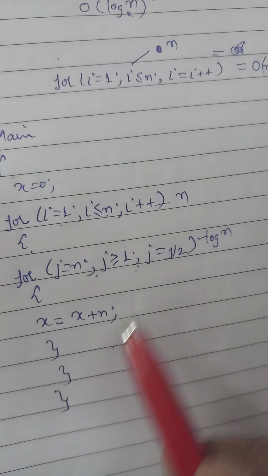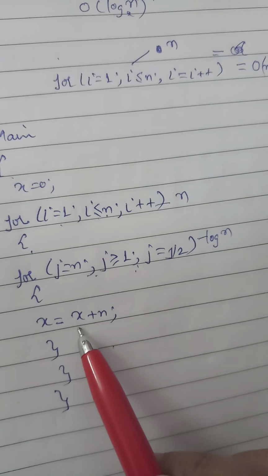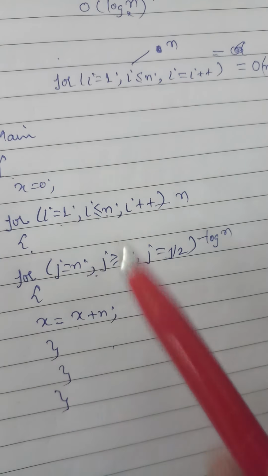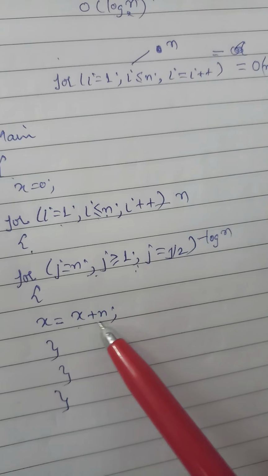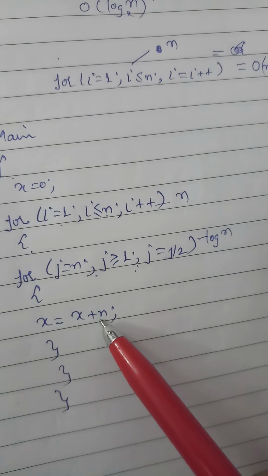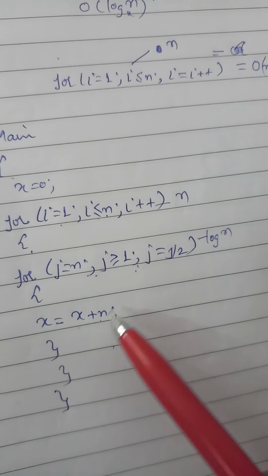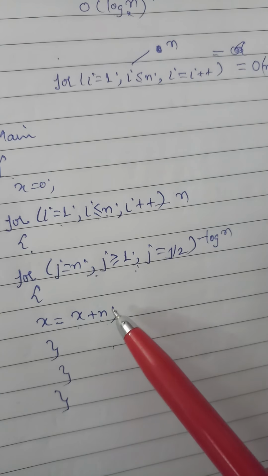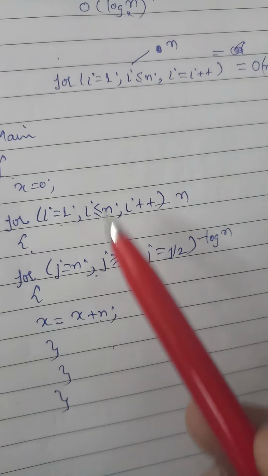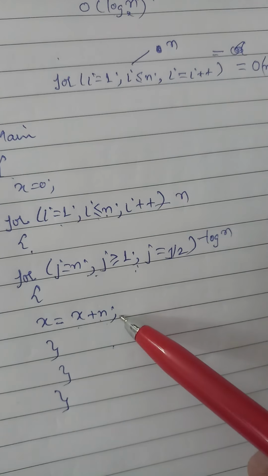Because x is initially 0 and x equals x plus n. So every time n is added, we have to run all the time, so it will also run n times.